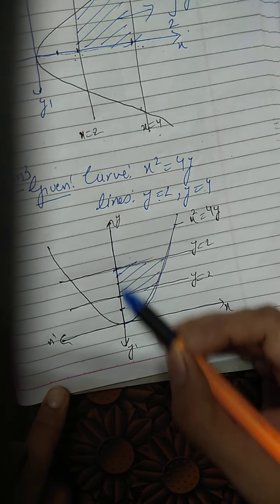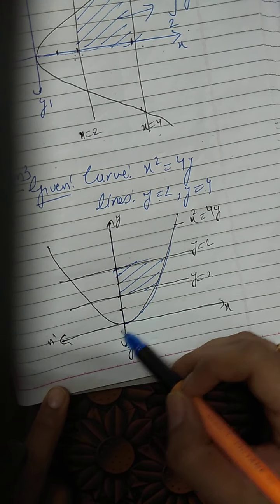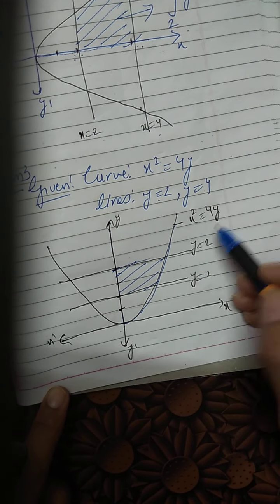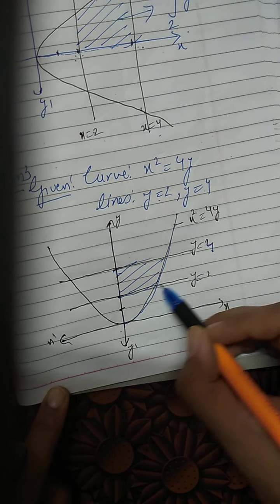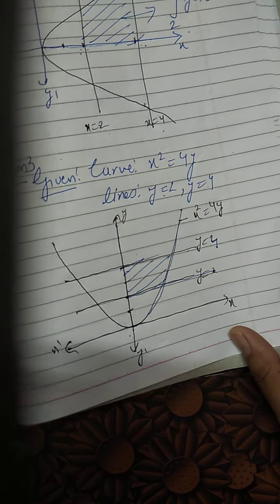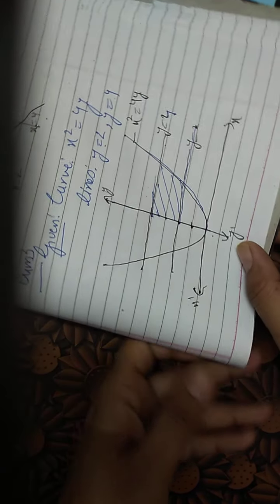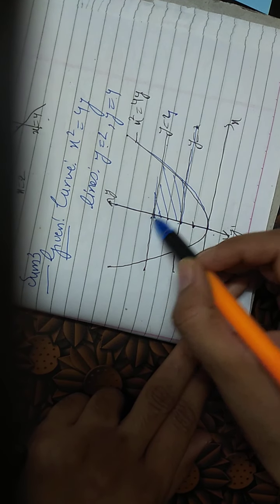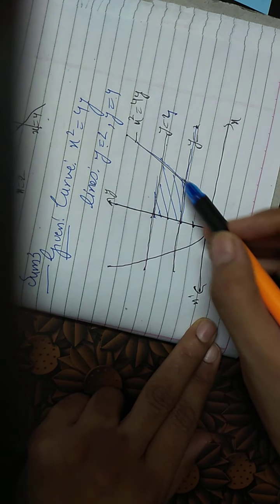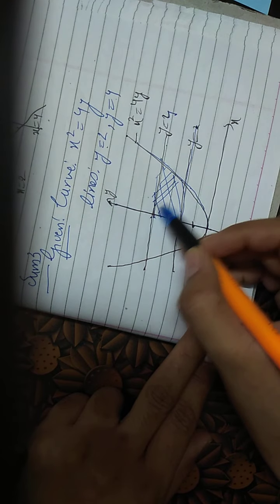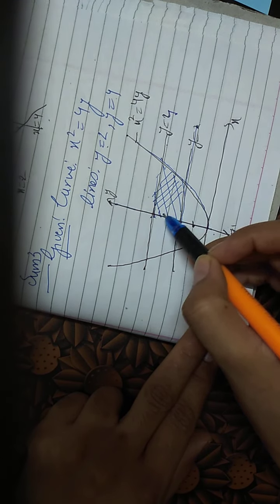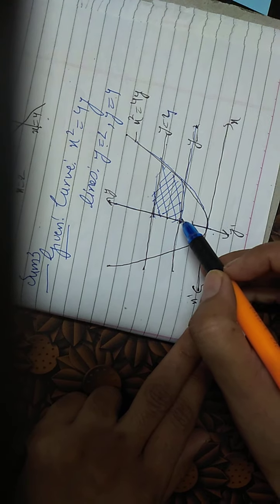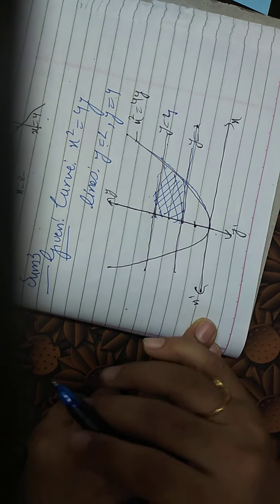If you just notice, it is bounded by y-axis from this side. Here we have y equals to 4 line, y equals to 2 line. So if I just rotate it, it is like this. This is the curve. So it is the area under the curve bounded by y-axis between the lines y equals to 2 to y equals to 4.